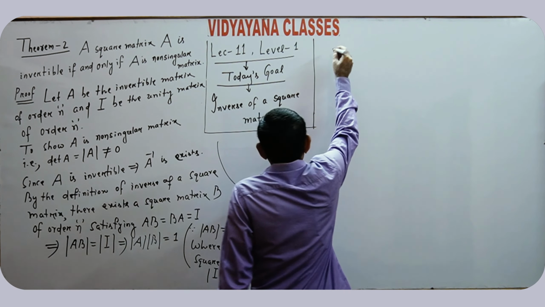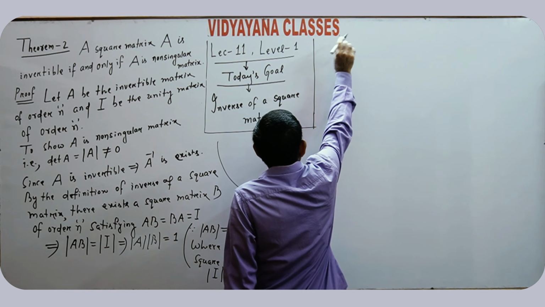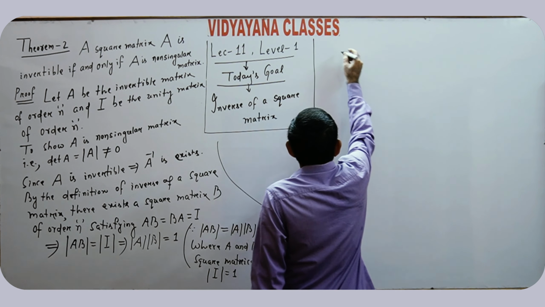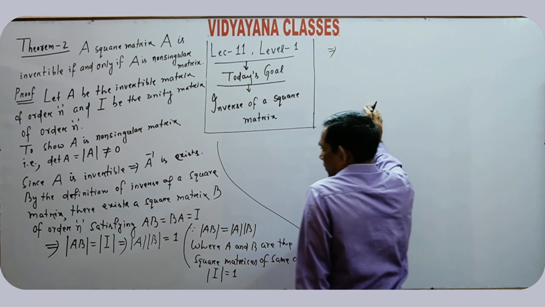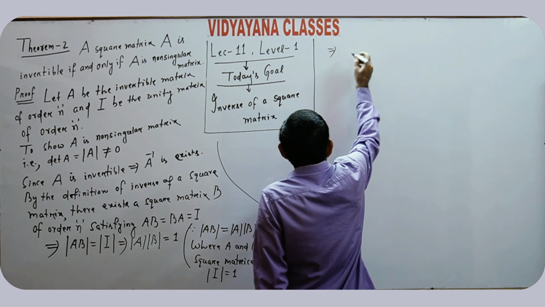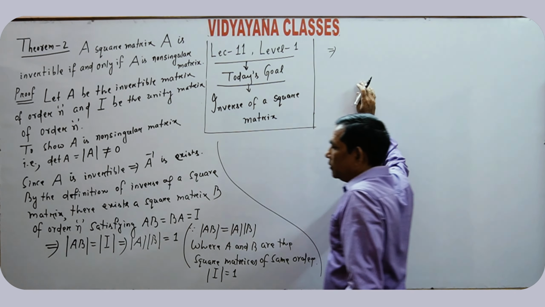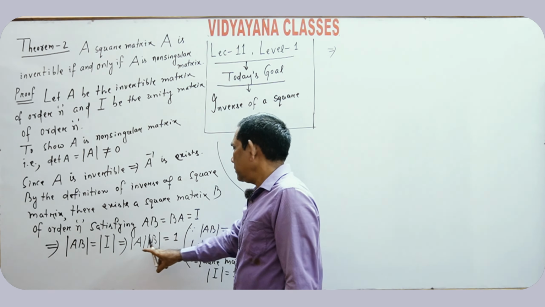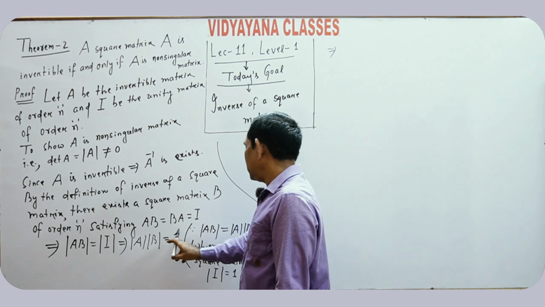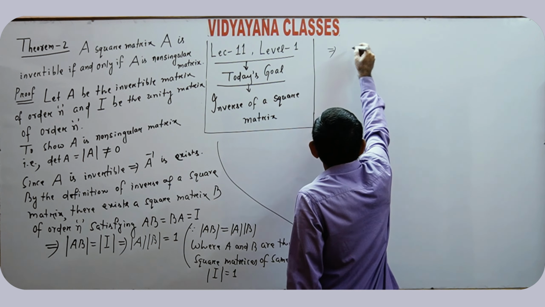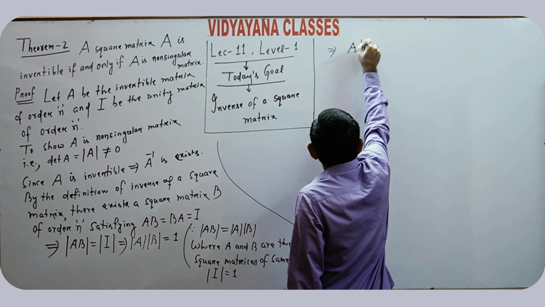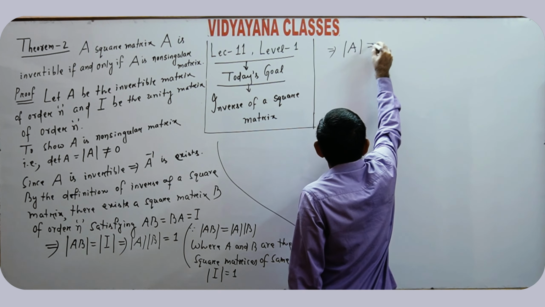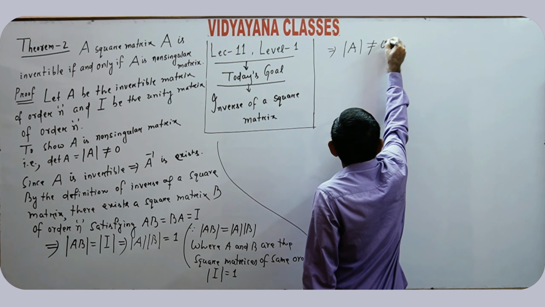Which implies determinant of A into determinant of B is equal to 1. The product of this and this is equal to 1 implies determinant of A not equal to 0.